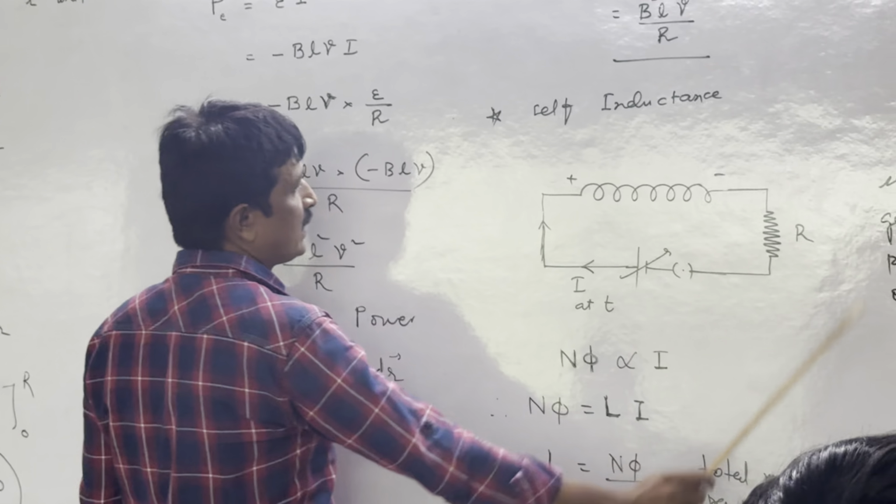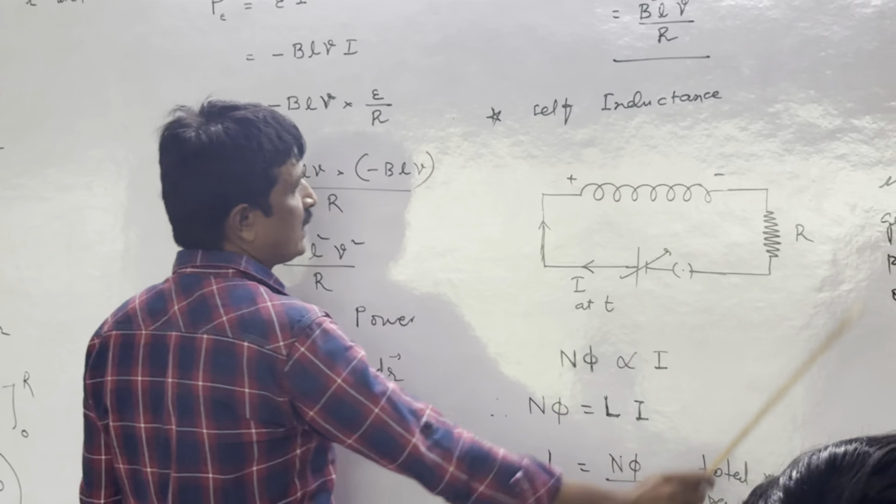Now, self-inductance of the coil. Suppose this is a copper wire coil. This one is resistance R. This one is a battery having some EMF E. At the time of switch on, current passes through this, so it behaves like a magnet. So the magnetic flux is linked with this coil.